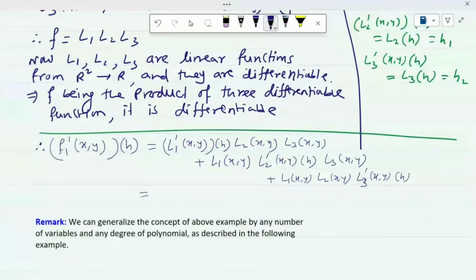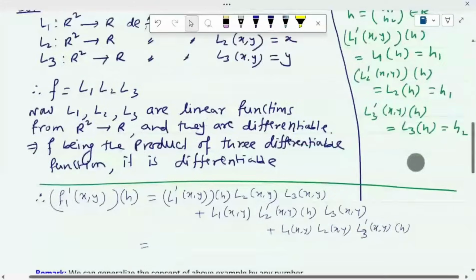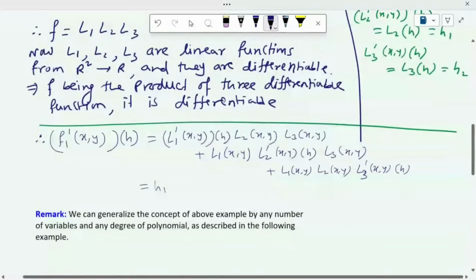So this will give us that L1xy, we already calculated it, which is h1. So we'll get here h1.